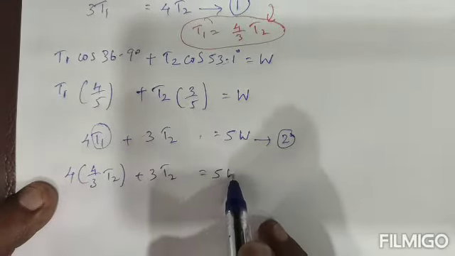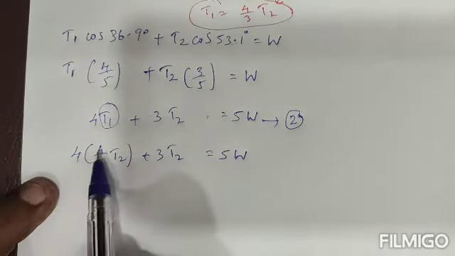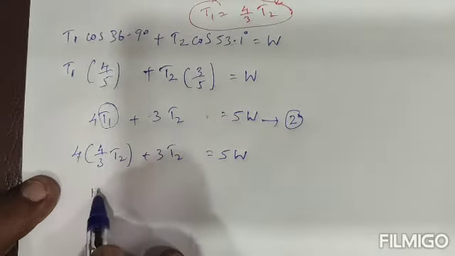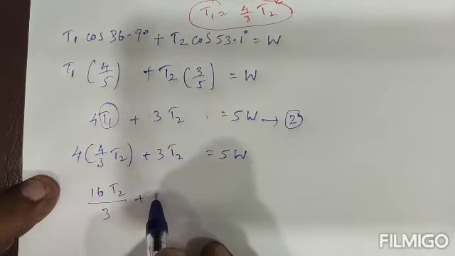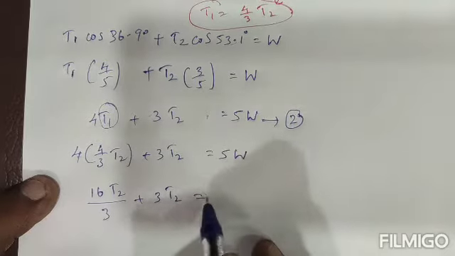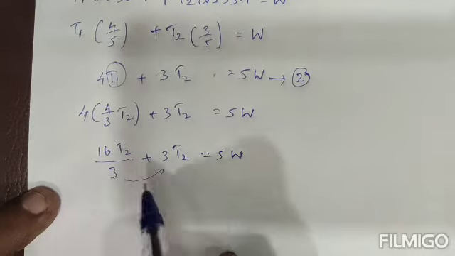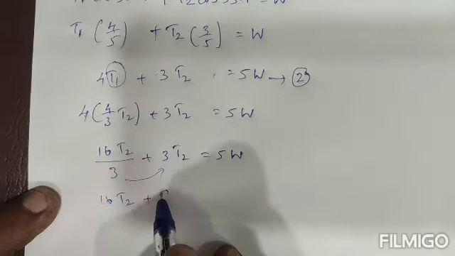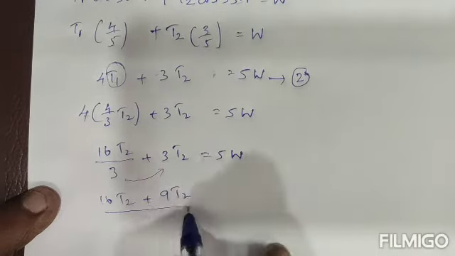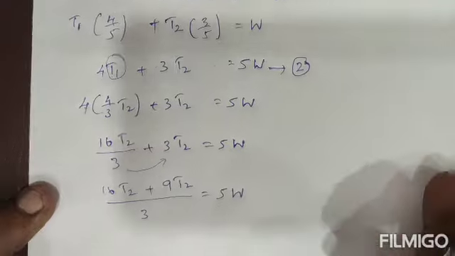equal to 5w. So we can write 4 into 4, 16. So 16 T2 divided by 3 plus 3 T2 is equal to 5w. Next, multiply: 16 T2 plus 9 T2, then whole divided by 3, equal to 5w.